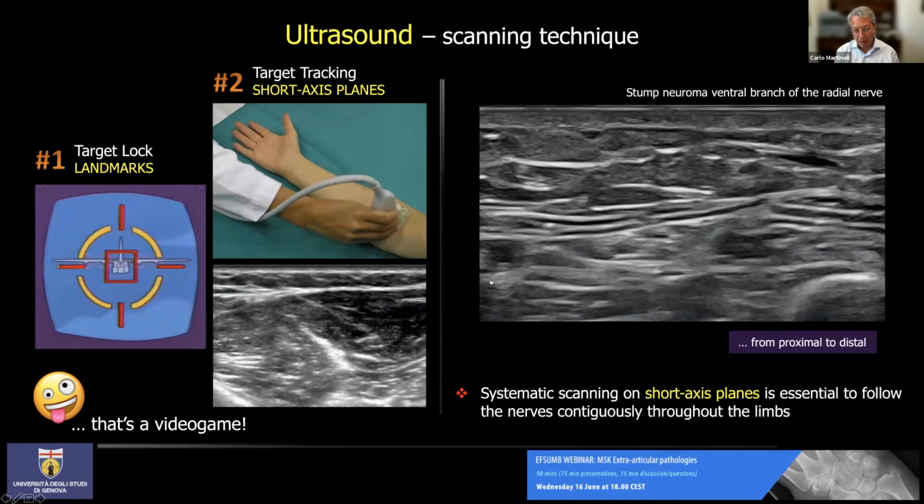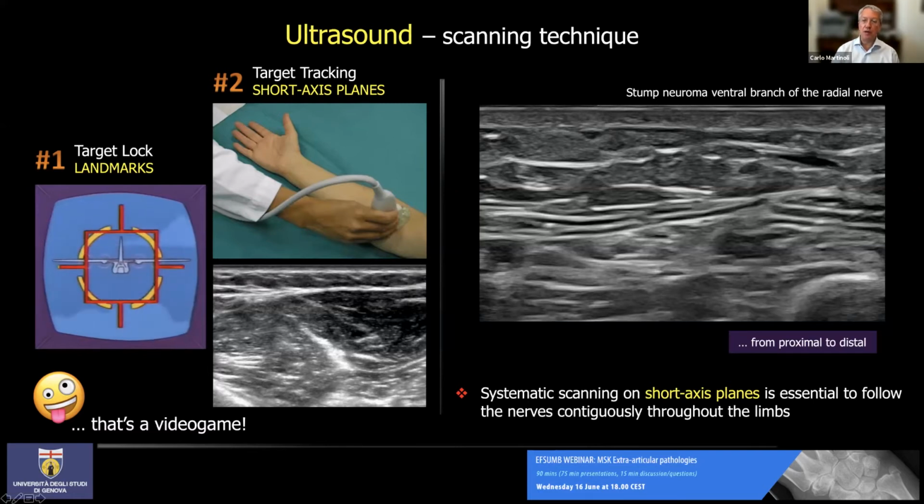On the other hand, remember that on MRI this is not really possible, because MRI requires the use of coils, and coils restrict the field of view. So the technique is very effective to identify pathology, even affecting small nerves.